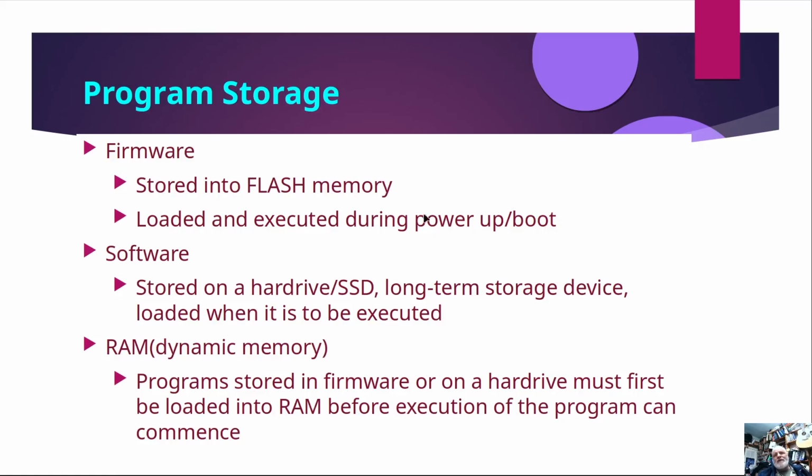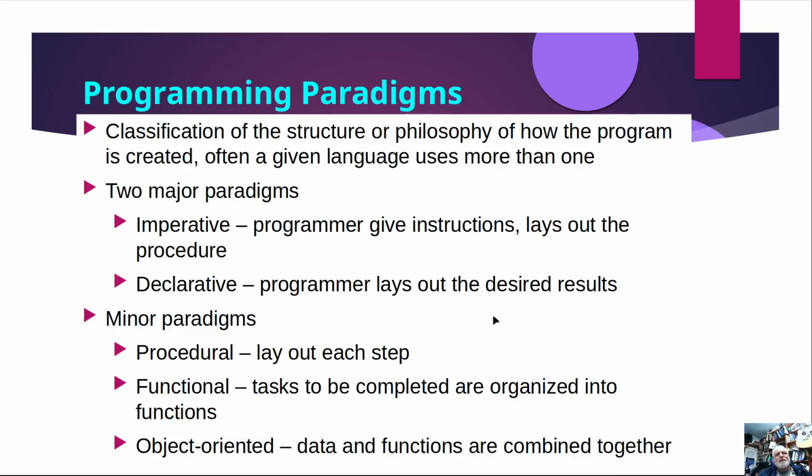But for the computer to actually execute it, it has to load it into what we normally call RAM, which is dynamic RAM. An SSD is flash memory, but it's long-term storage, and the computer can't run the program off of these. It needs to load it into the dynamic RAM to actually execute the program.